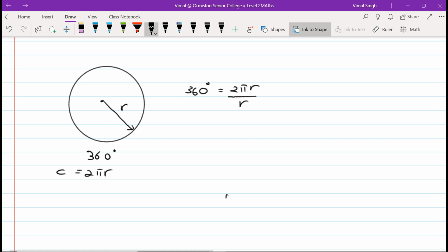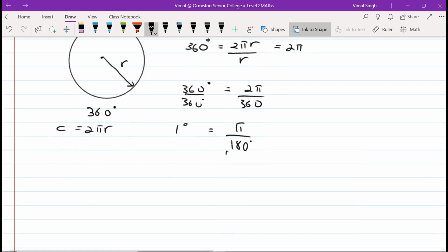So that means we will end up getting 2 pi. So the arc length divided by radius gives us the angle, which is 360 degrees in this case. Now, what we are saying over here is that 360 degrees is equal to 2 pi. So if I divide both sides by 360 degrees, I'm left with 1 degree is equal to pi over 180.